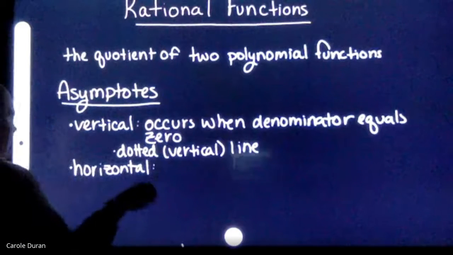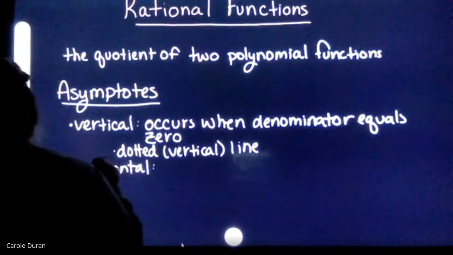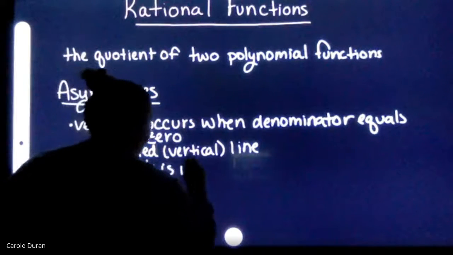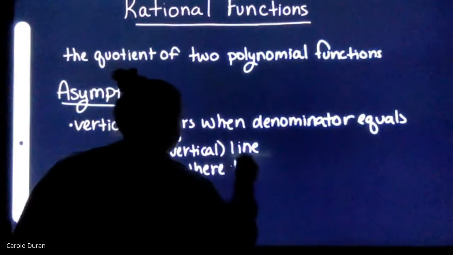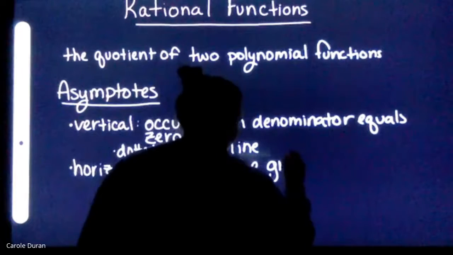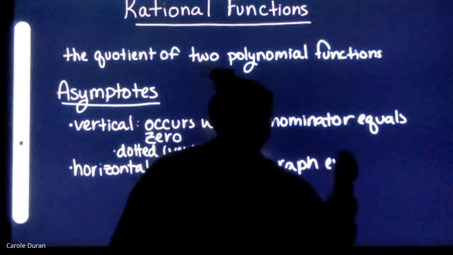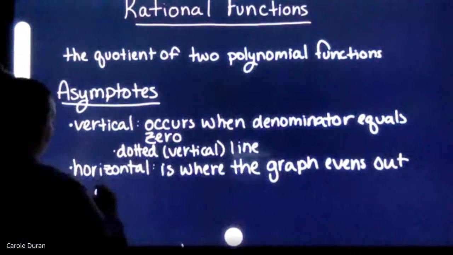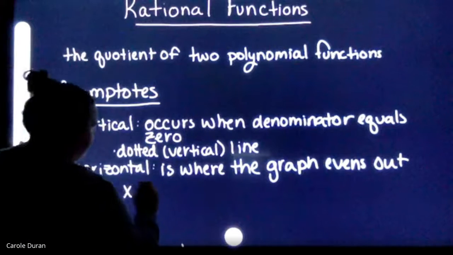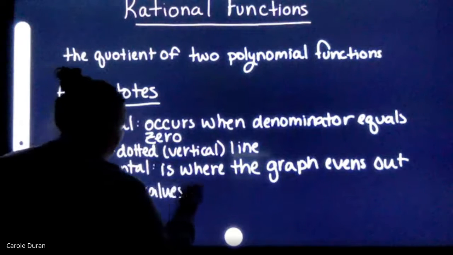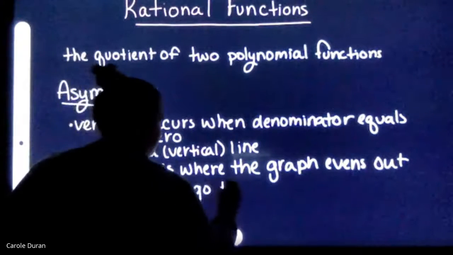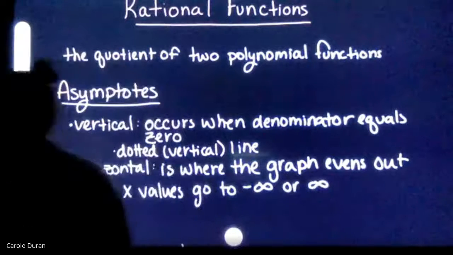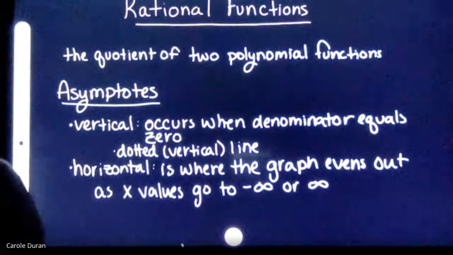A horizontal asymptote is where the graph evens out as x values go to negative infinity or infinity. I know that sounds super duper confusing.